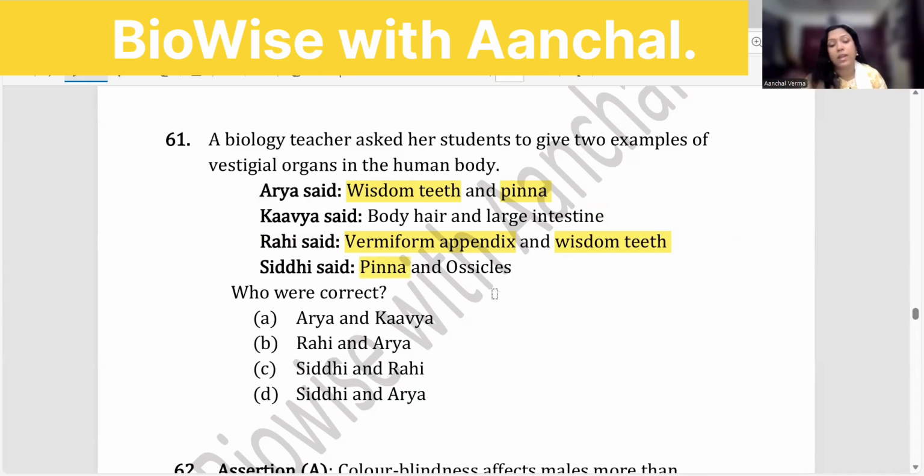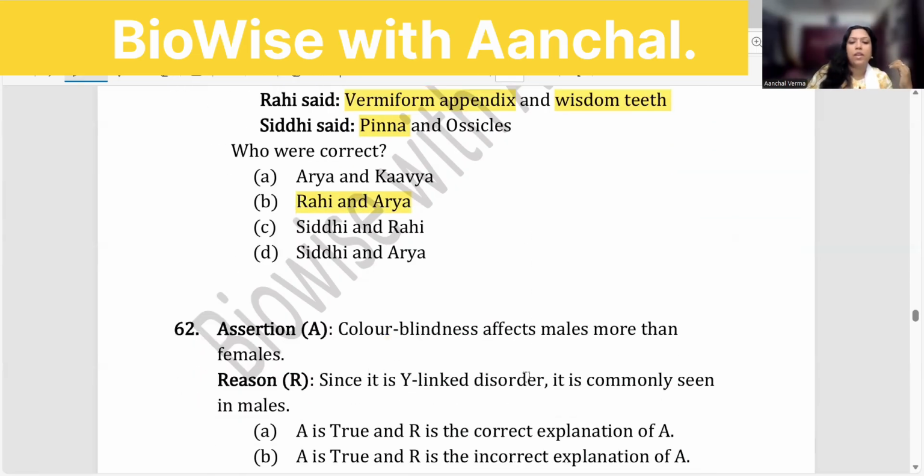So, who gave the right answer? Arya and Rahi gave the right answer. There is no option of Arya and Rahi, but Rahi and Arya is here. They gave the right answer. Correct? Moving to the next.